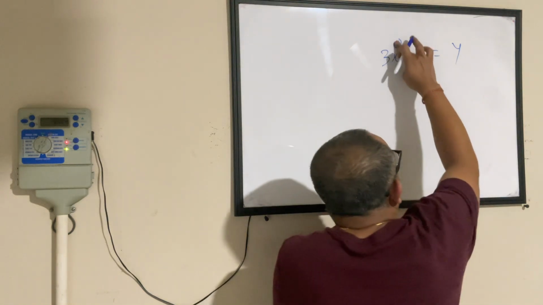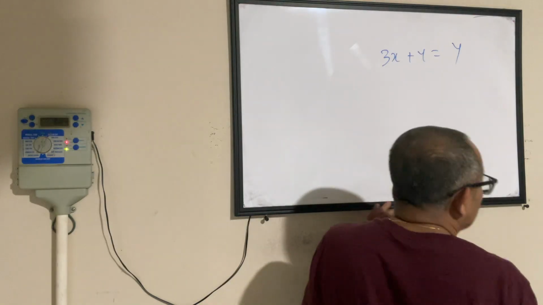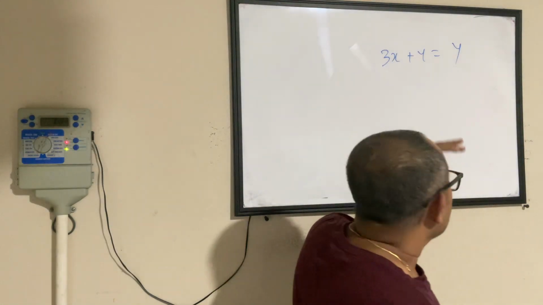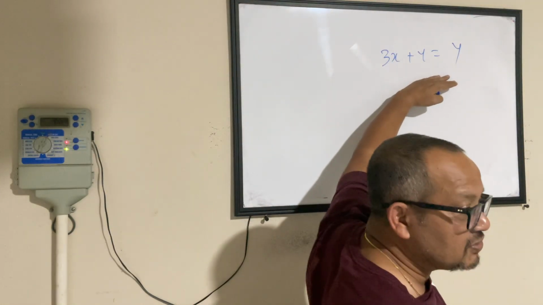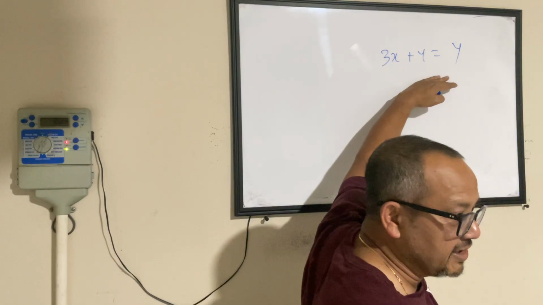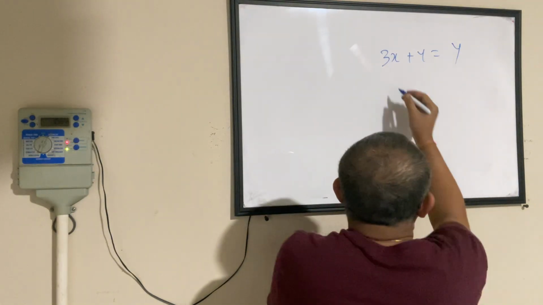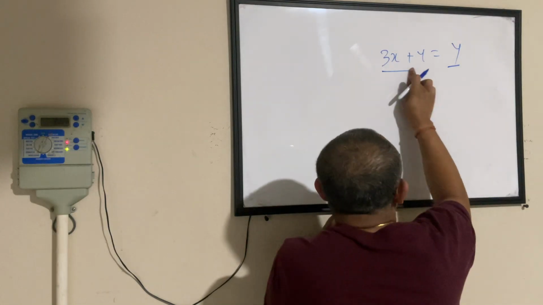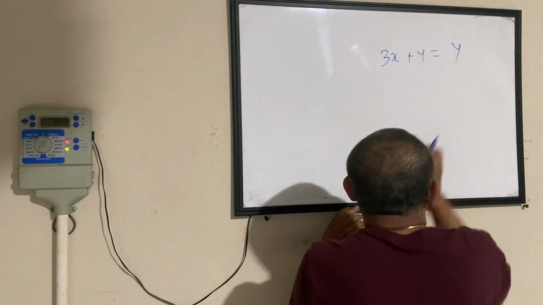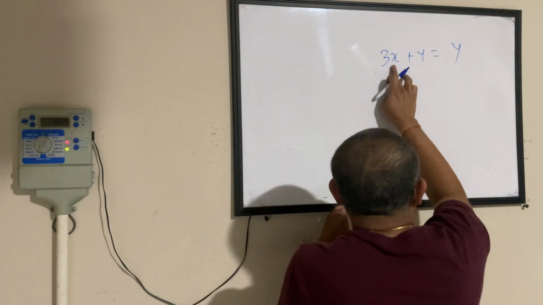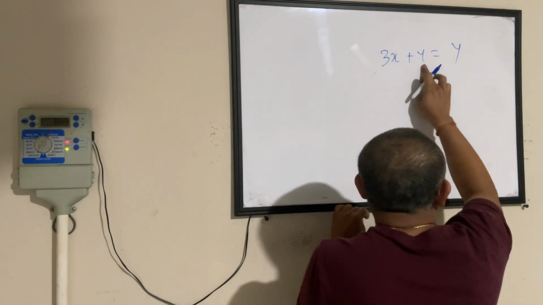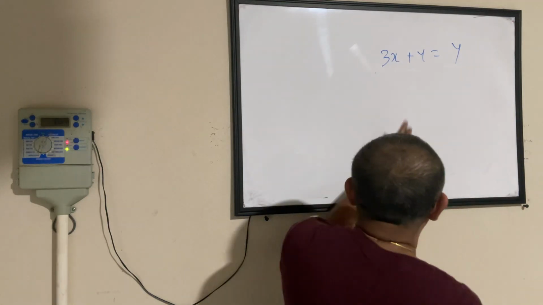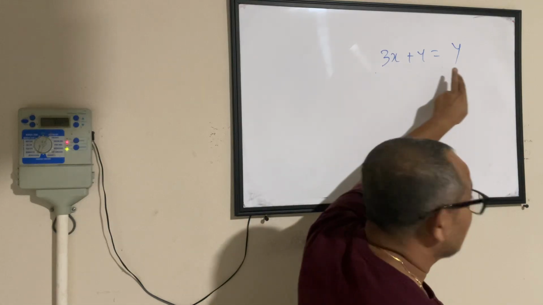Let's do that boring exercise one more time so that nobody has any confusion. If I have an equation like this, I want to plot it on a coordinate plane. What will I do? 3x plus 4 equal to y. It is a relation between x and y. It says 3 times the value of x and add 4 to it, that will be the value of y. Meaning if you keep on increasing x, y will increase.